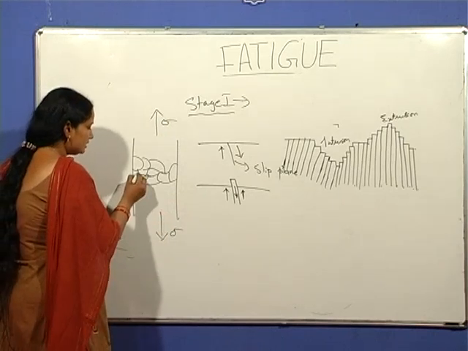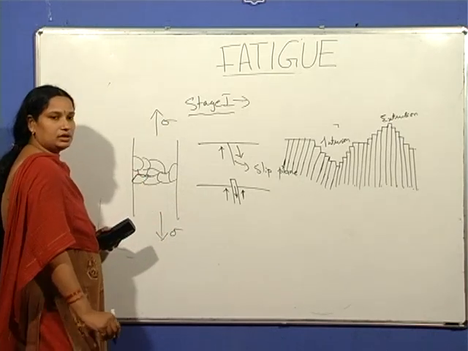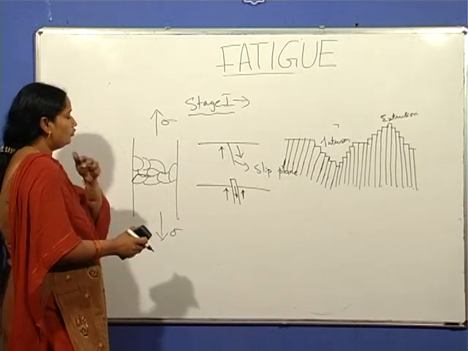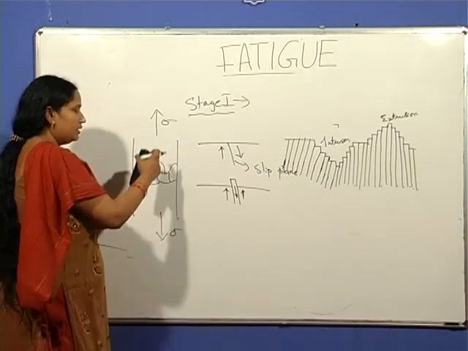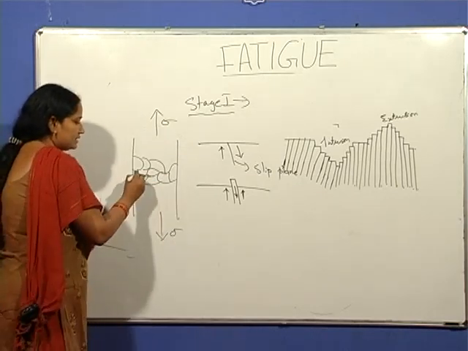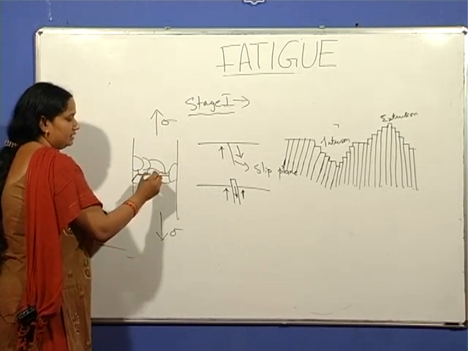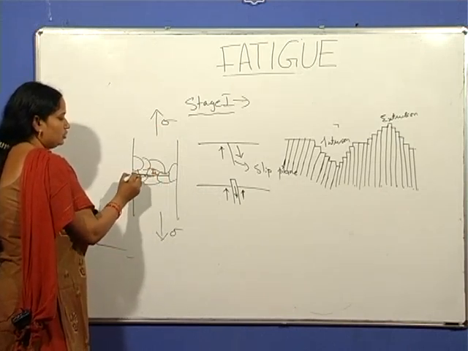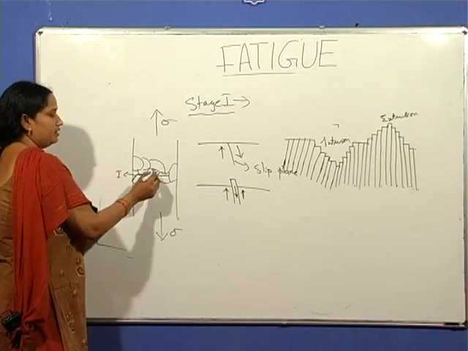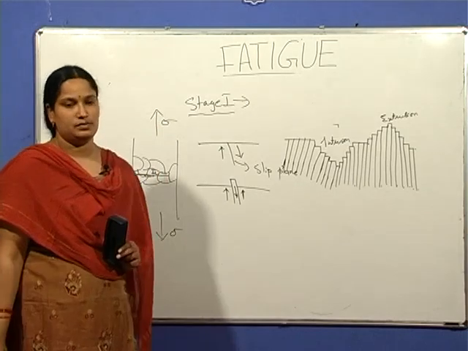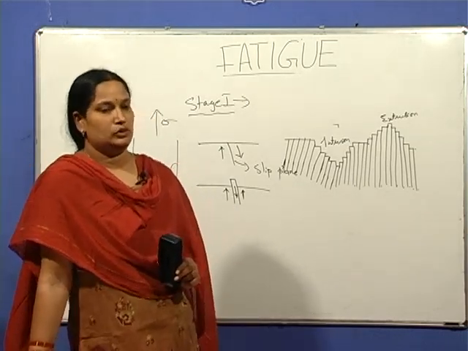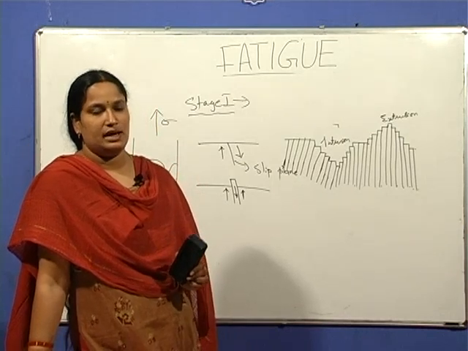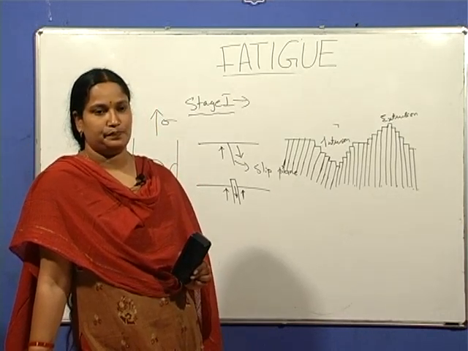So this is stage 1, where the growth of the crack is 45 degrees to the principal tensile axis, and this is stage 2, where the crack changes its direction, perpendicular to the principal tensile axis, and propagates.